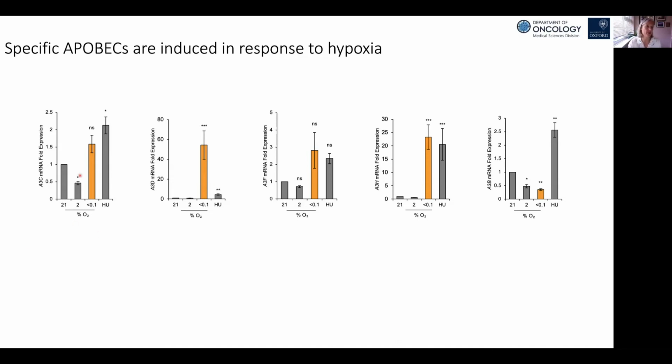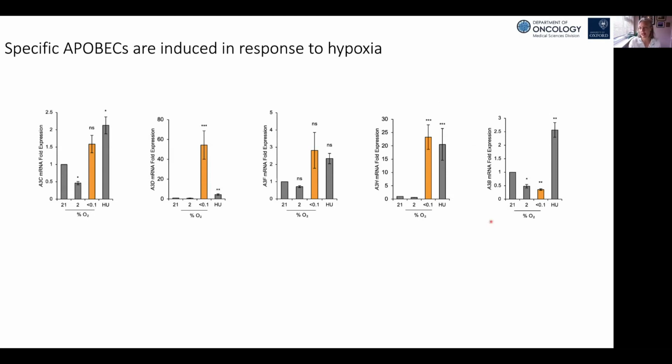And sure enough, 4 of them, A3C, A3D, A3F, and A3H, all increased in a hypoxia-dependent manner. And here we've used hydroxyurea as our positive control because it was known to induce apobec activity, which is relevant because we often use hydroxyurea as a control in our experiments, as it also induces replication stress.